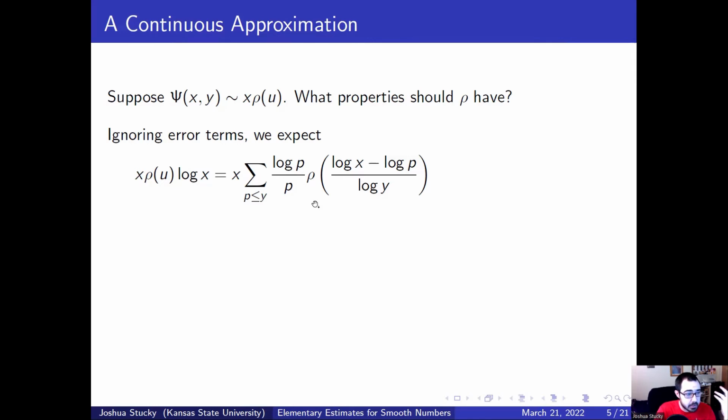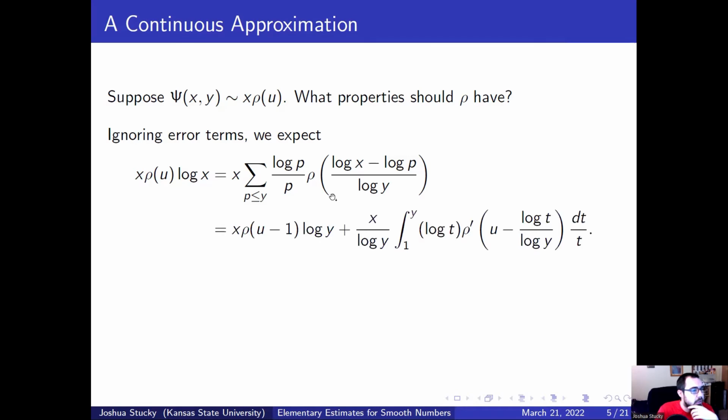I should be able to evaluate this using some prime number estimates. If I just use partial summation, then you'll have a term that comes from putting in a y here, which gives me a u minus 1. My smooth function, or my differentiable function, I should say, is this rho here. So I evaluate it at the endpoint, which gives me rho of u minus 1.